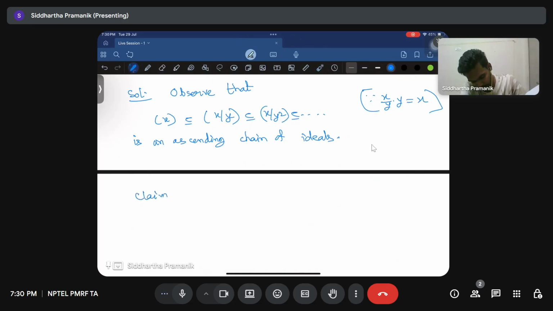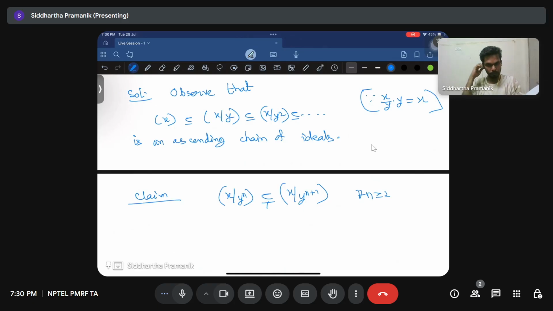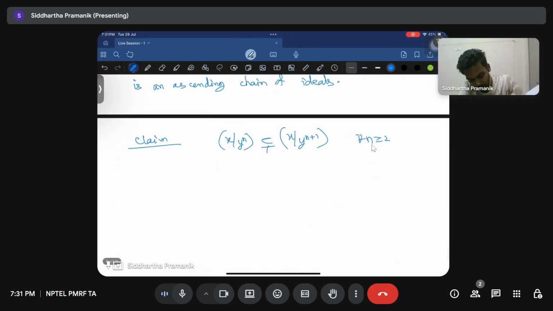So the claim is that the ideal (x/yⁿ) is a proper subset of the ideal (x/yⁿ⁺¹) for all n greater than or equal to 1. So our claim is that this chain never stabilizes. We will prove this by contradiction. Suppose equality holds, (x/yⁿ) equals (x/yⁿ⁺¹).